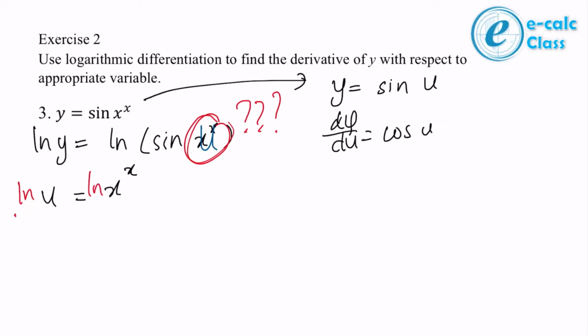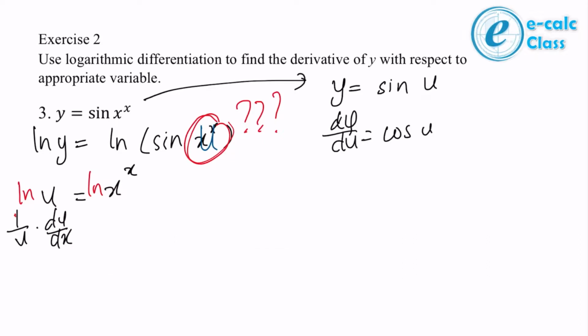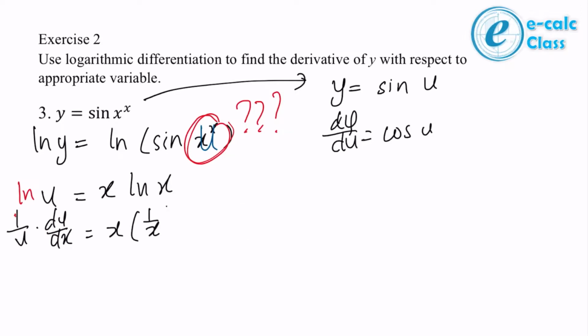Okay, so 1 over u, du dx, variable disagree because you are differentiating with respect to x, equals to, like I said, this one is x ln x, product rule. Copy first function, differentiate second function, copy second function, differentiate first function. Remember, bring your u over. Who's your u?